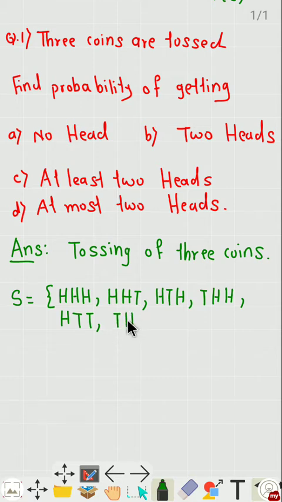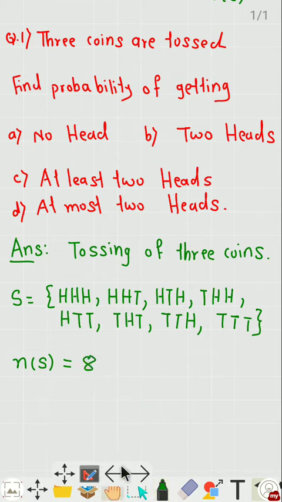Tail, head, tail, tail, tail, head, or we get all tails. 1, 2, 3, 4, 5, 6, 7, 8. So these are the 8 possibilities that we get. So n of S, the total number of outcomes, is 8.